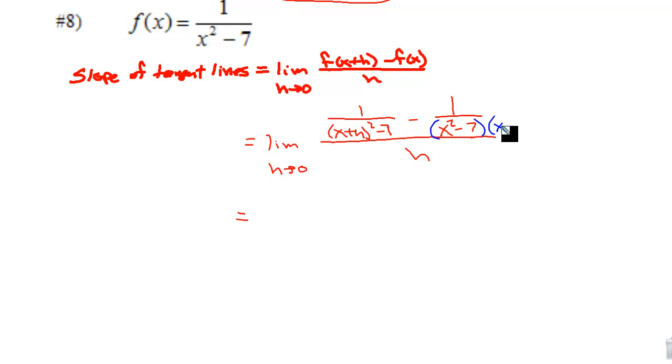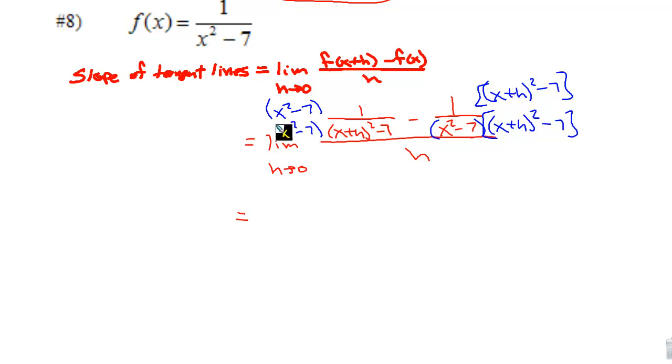This denominator needs multiplied by an x plus h squared minus 7. Do it to the top and the bottom. This denominator needs an x squared minus 7 multiplied times the numerator and denominator. You must have it in parentheses. If you don't, it's wrong. It's that simple.